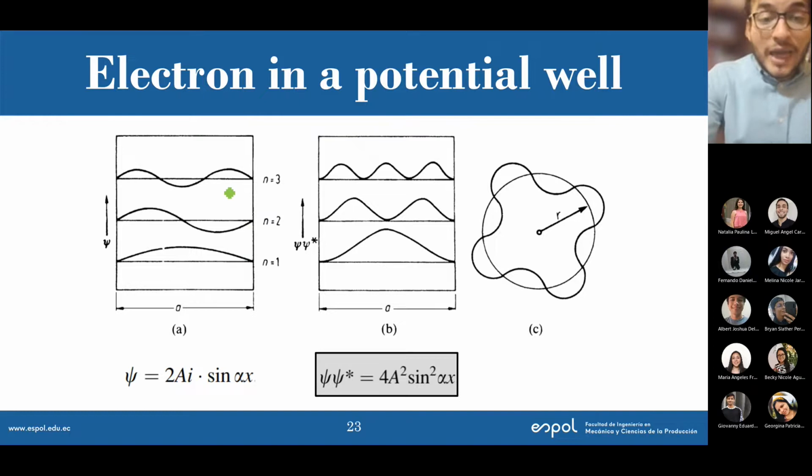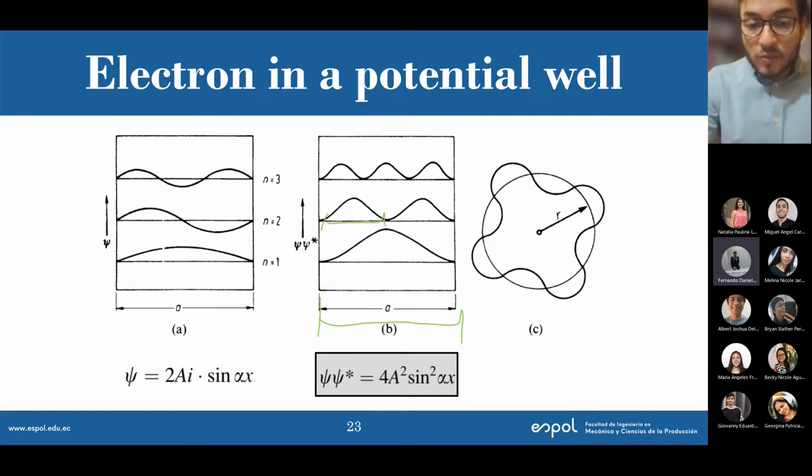Why in the first level you get an amplitude of A, whereas in your energy 2 level you get an amplitude of A over 2 or half A? No, I mean the height of each wave. The first one is higher than the other ones.